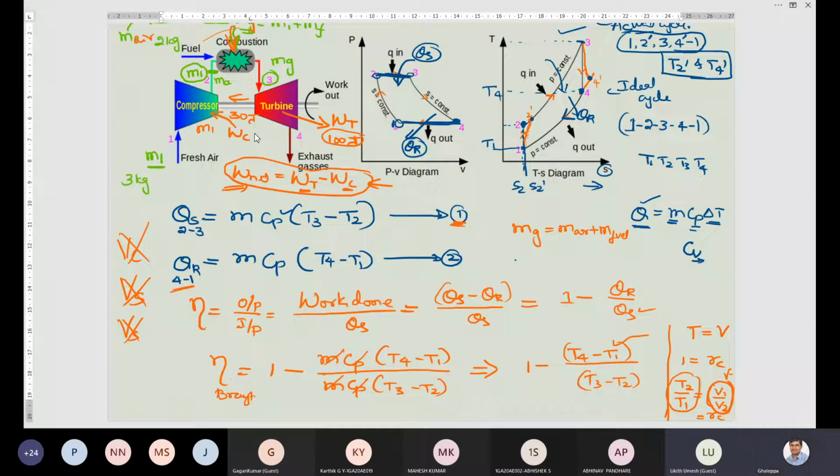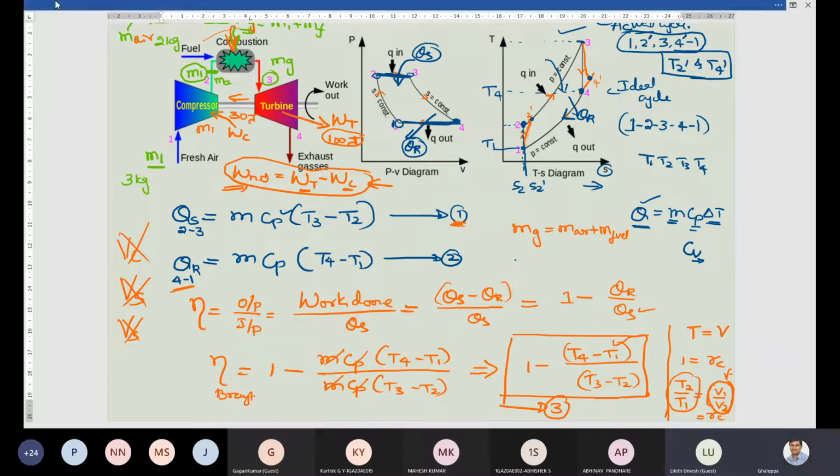So now we will convert all temperatures into known values. So consider this as equation number 3. Next, the question arises in our mind: sir, if clearance volume is not available, we cannot take clearance volume, and compression ratio also we cannot take here, so what is the known value?